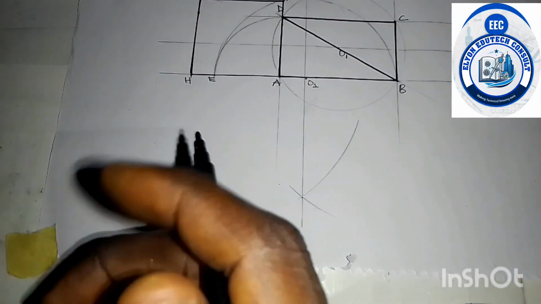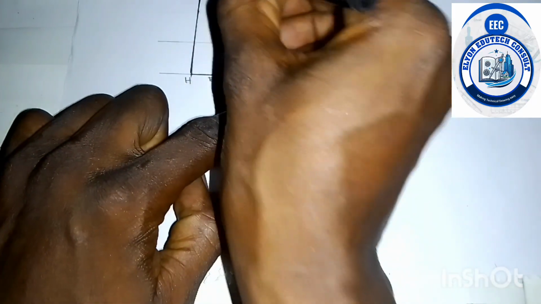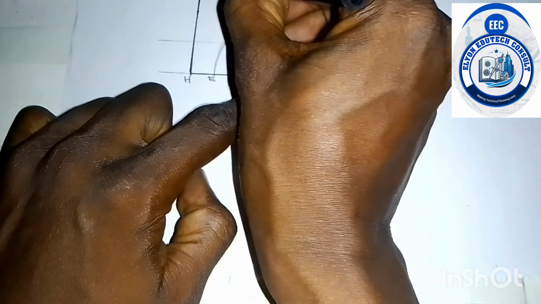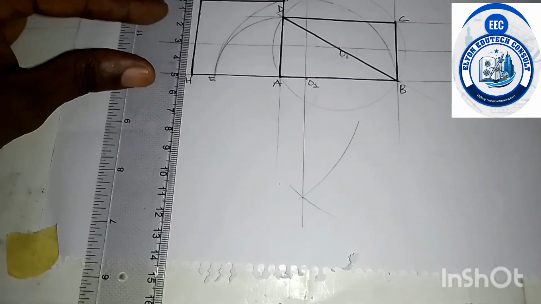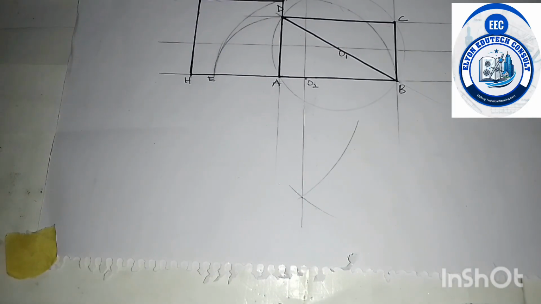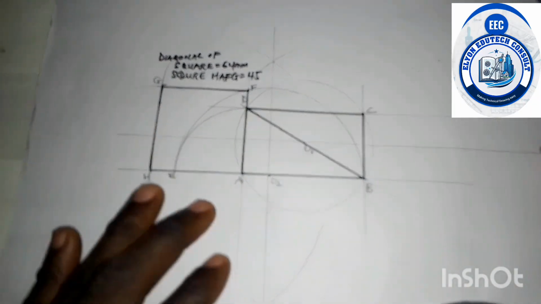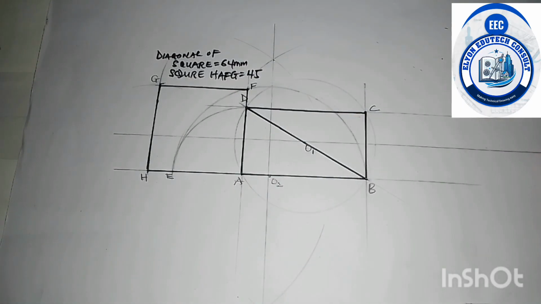So we have square HAFG equals 45. Let's measure that again. So we have that as 45. So we've been able to construct the rectangle which is equal in area to the square. It's as simple as this.